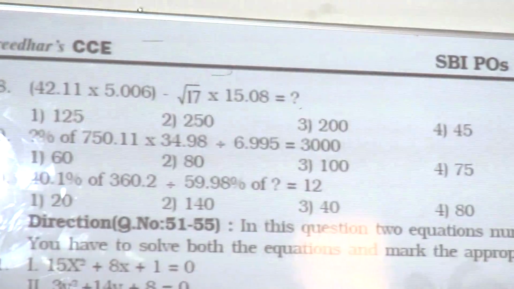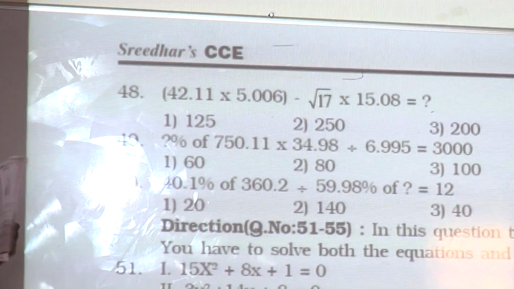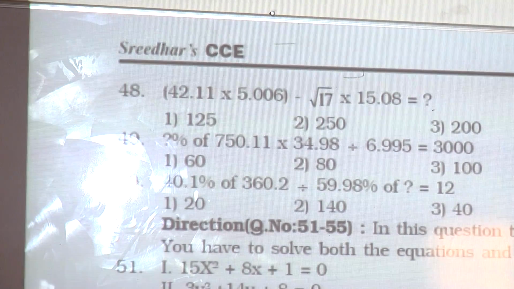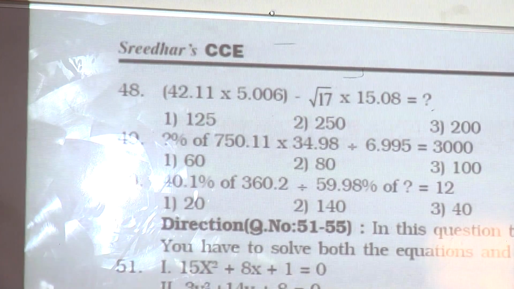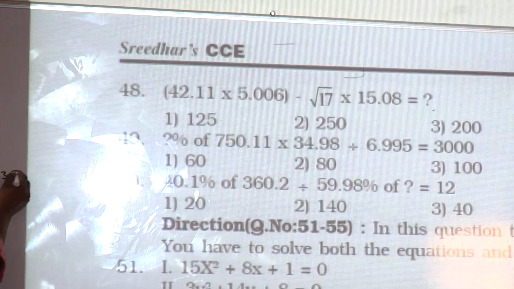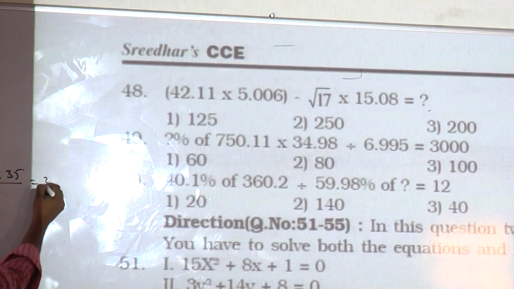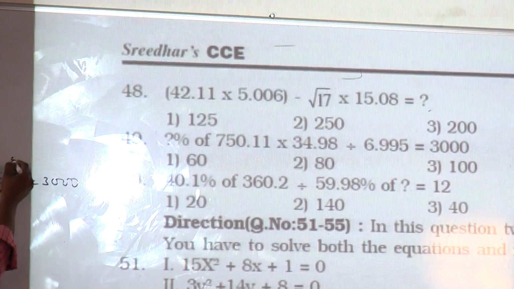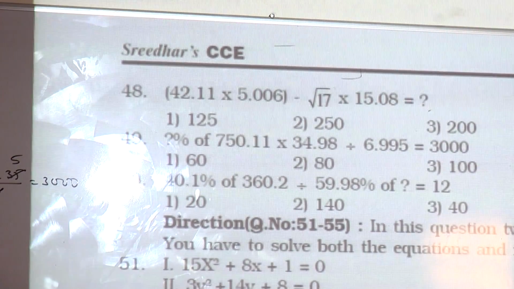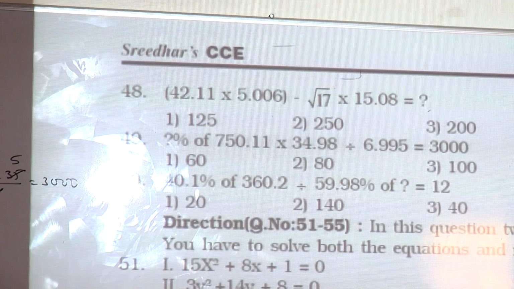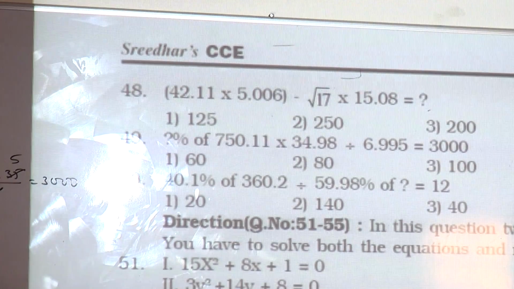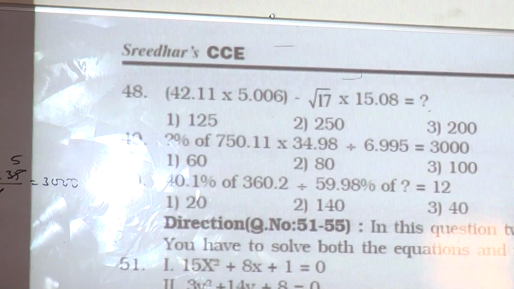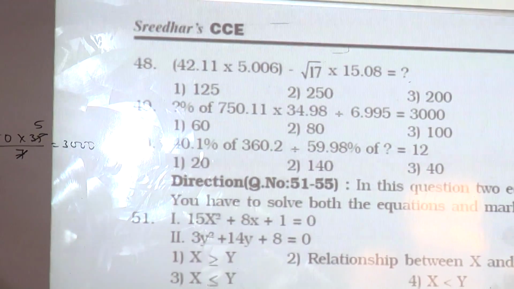Okay, next 49. What percent of 750 into 35 divided by 7 is equal to 3000? 7 how many times? 5 times. 750 into 2 times is 1500, double is 3000.